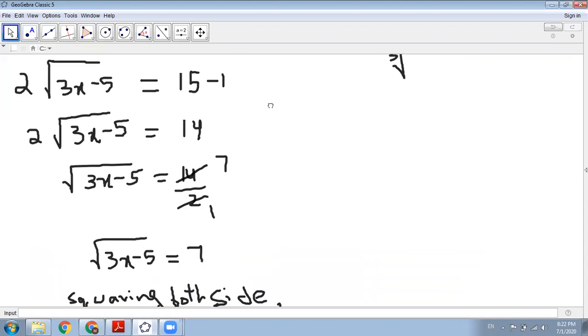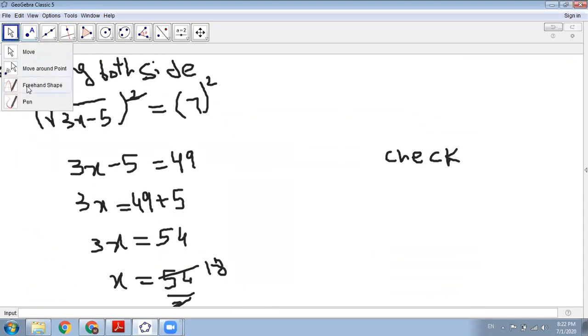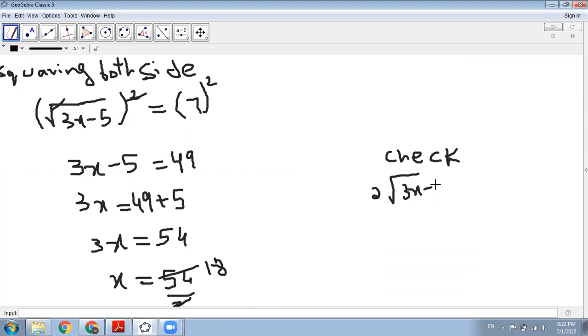So our question will be 2 under root 3x minus 5 plus 1 equals 15. Now we place the value of x here, and while we are checking, we can't move one term from one side to the other side. So we just place the value of x and check whether the two sides are equal or not.